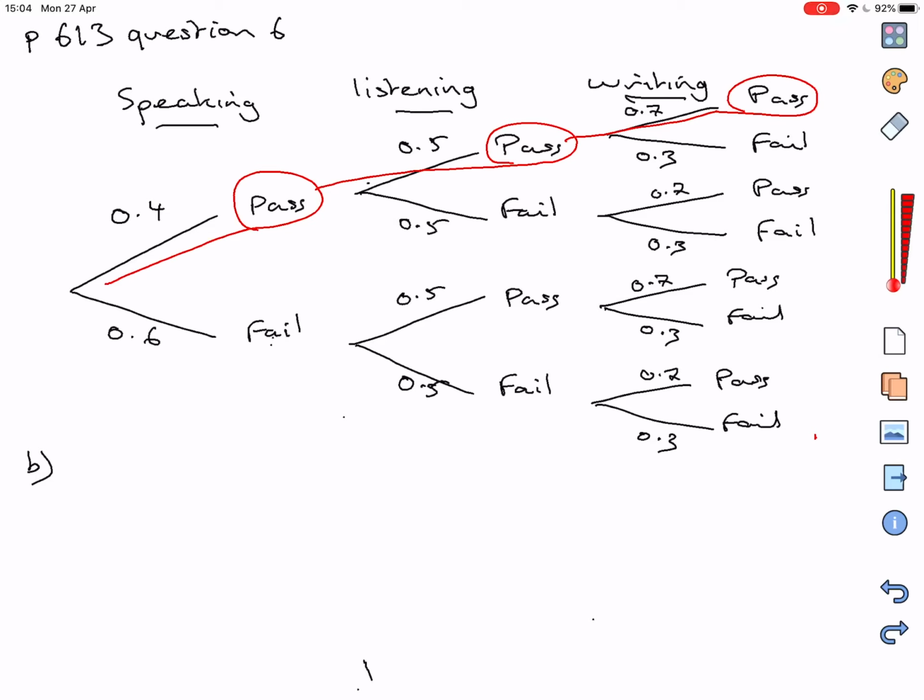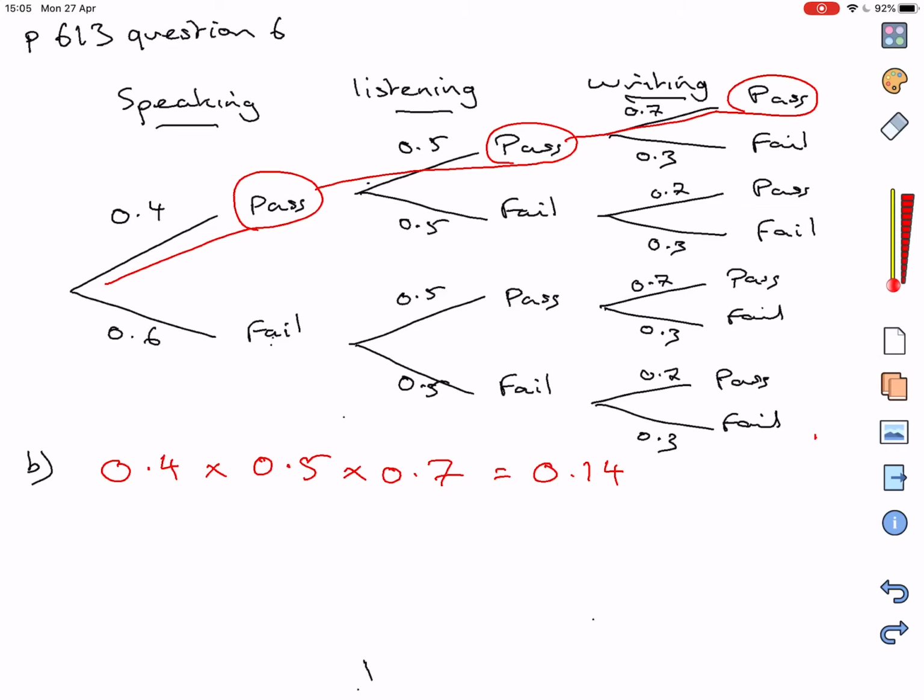So for the probability of getting the $20, he would have to pass speaking and, remember, and means multiply, pass listening and pass writing, and 0.4 times 0.5 times 0.7 is 0.14. 4 times 5 is 20 times 7 is 140 and 3, yeah, so it's 0.14.